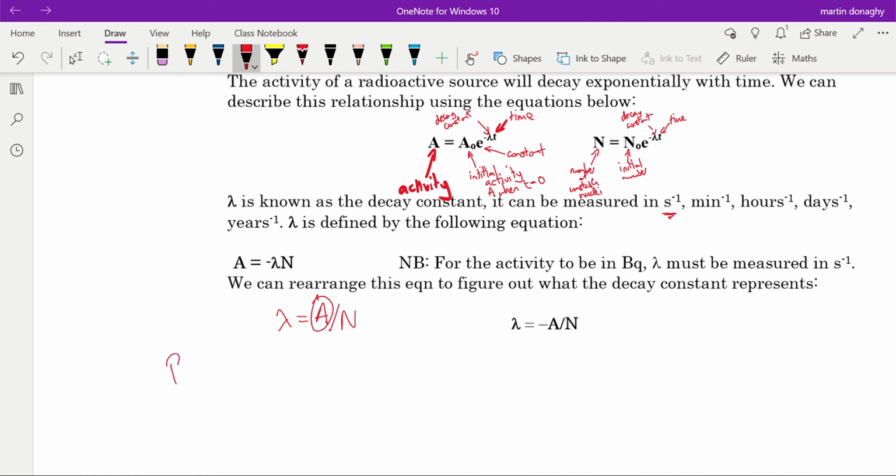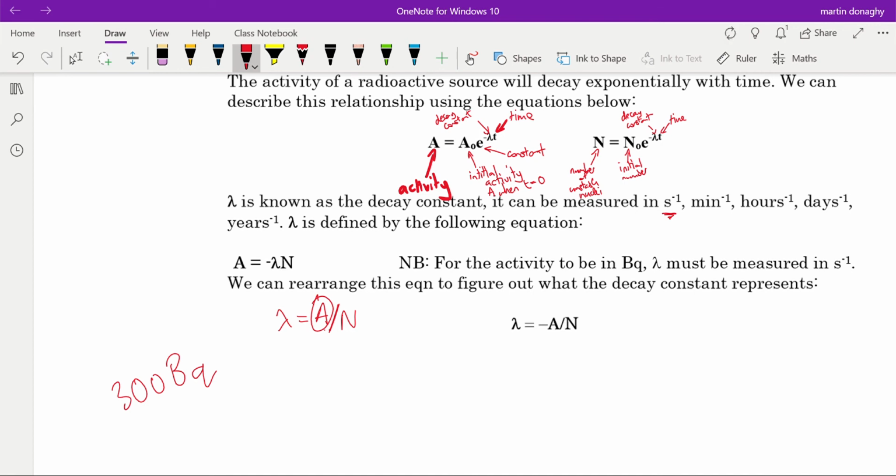If we measure it in becquerels, so if I have something that is 300 becquerels, that means there's 300 pieces of radiation, be it alpha, beta, gamma, emitted per second. But then we divide that by the number of nuclei that are present. So that would be the amount of radiation emitted per nucleus per second, because we've got this per second in our activity.